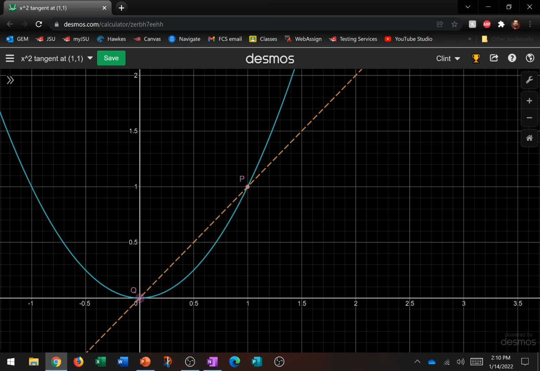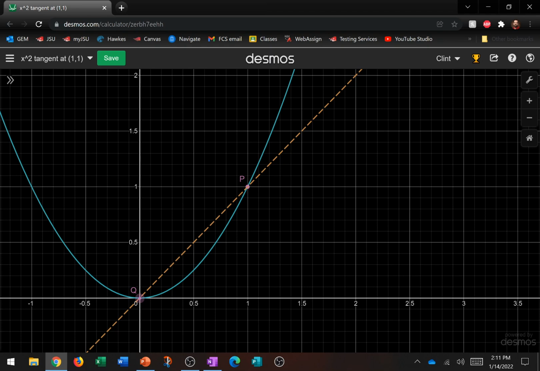Anybody see how we could do that? P's fixed, but what could we do? That's a good idea, but we want to leave P fixed right now, where it's at, (1, 1). Think about your idea then.